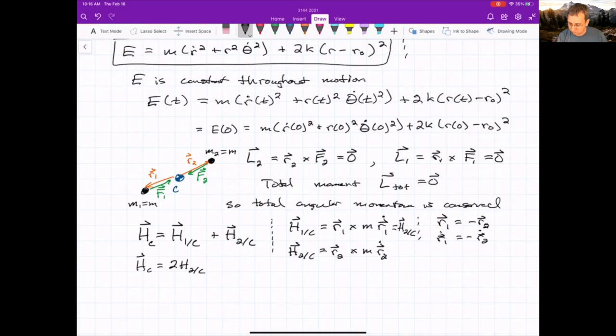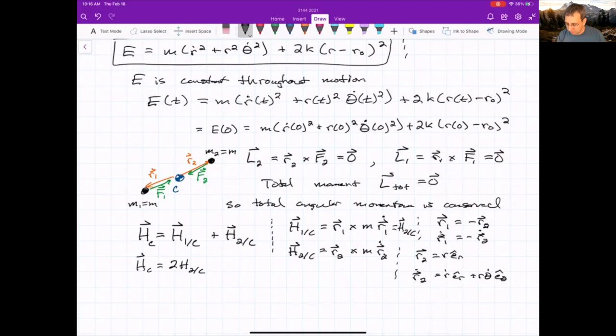Which now, we've written up above what R2 was. Let me repeat it here. R2 is r in the ER direction, and R2 dot was r dot ER plus r theta dot E theta.